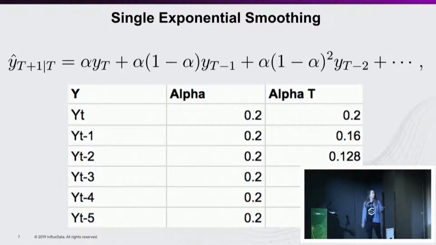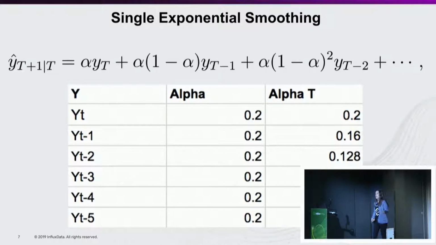So you have this geometric sequence: alpha times our last observation, plus alpha times 1 minus alpha times the previous observation, plus alpha times 1 minus alpha squared, plus alpha times 1 minus alpha cubed, et cetera. It's these terms that actually create the exponential smoothing. This geometric sequence converges to 1, which ensures that our forecast will be on the same scale as our observed values. And it's important to notice, too, that alpha is much like a dial.